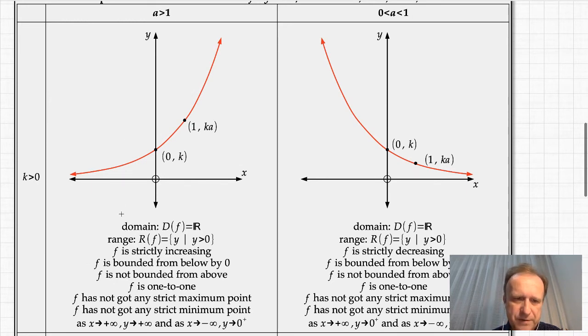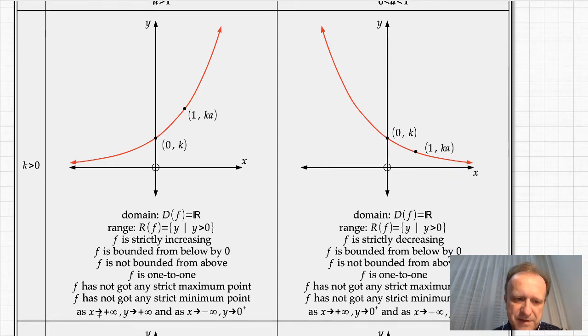It's 1 to 1, as indicated by the fact that it passes the horizontal line test. It has neither a strict maximum nor a minimum. As x approaches infinity, y approaches infinity, and as x approaches negative infinity, y approaches 0 from above, like this.